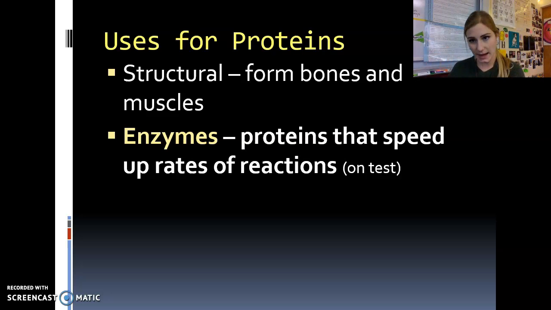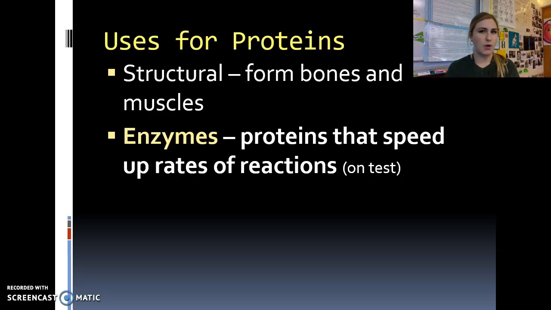Enzymes are another type of protein. I mentioned one earlier, when you eat something and it dissolves in your mouth. Enzymes are proteins that will make a reaction happen very fast. So enzymes speed up the rate of reactions.